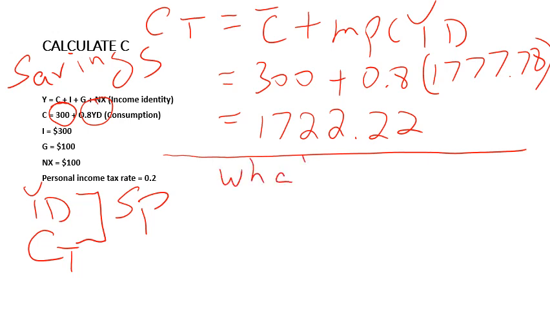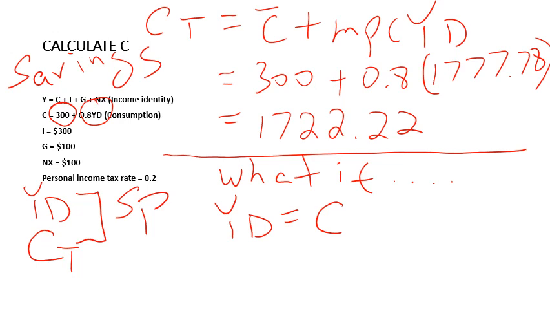What if, question mark, right? So what if disposable income is equal to total consumption? Well, we don't have the numbers, or we do, but I'm just talking conceptually.